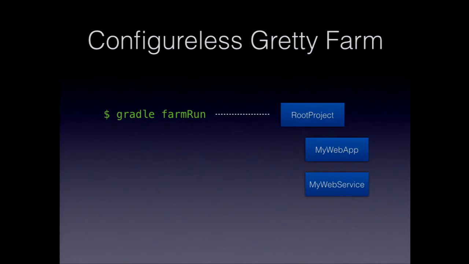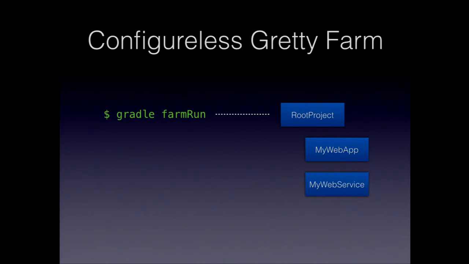First, the simplest case with Gretty Farms, configureless configuration. All you have to do is create a hierarchical structure with the projects. There is a root project and there are sub-projects. Sub-projects contain your web applications, be it RESTful services or web applications with the UI.